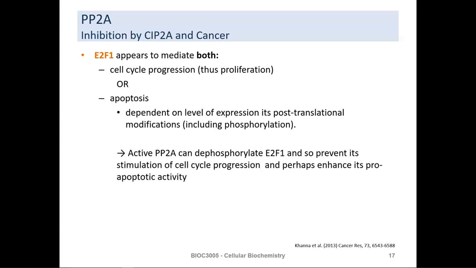An active PP2A phosphatase can dephosphorylate the E2F1 transcription factor and prevent its stimulation of the cell cycle to progress, and also enhance its pro-apoptotic activity.